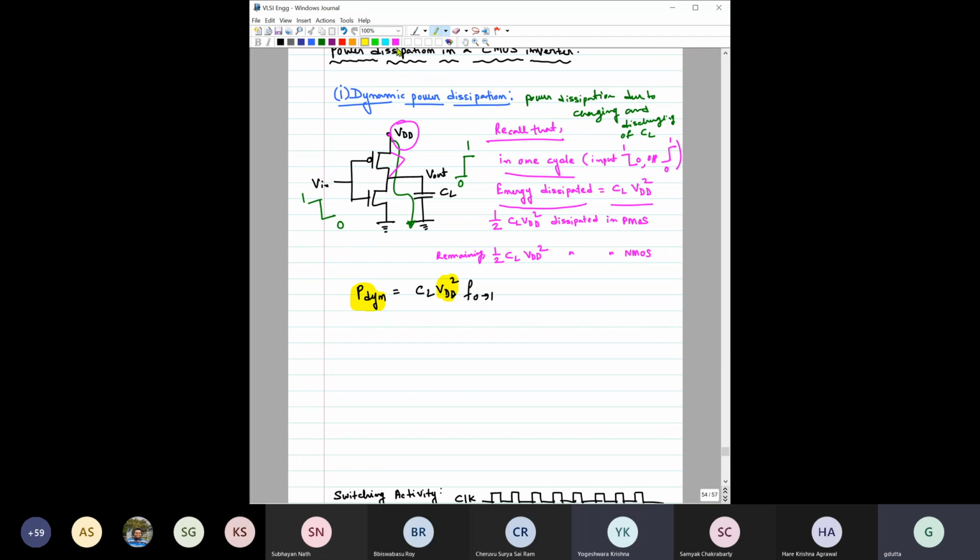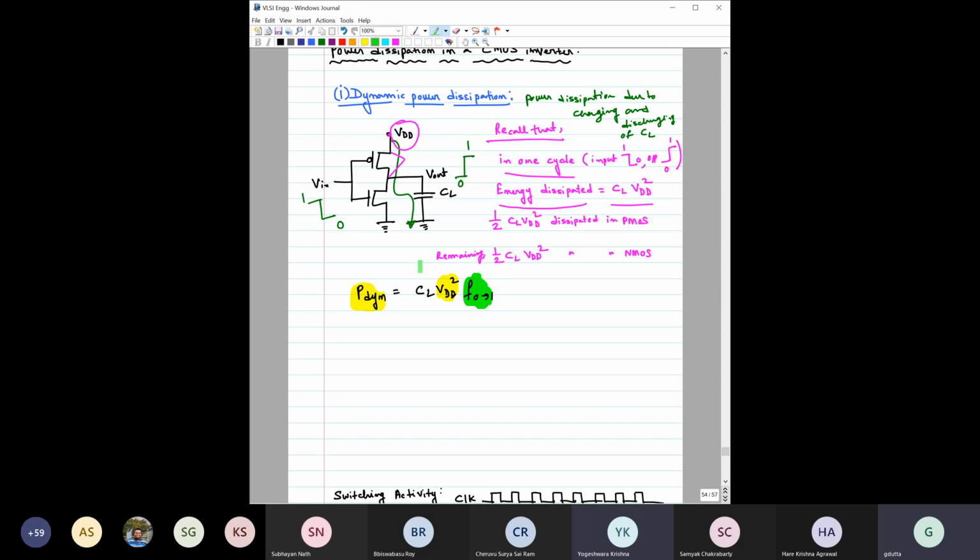And also one more thing, what about this part? The frequency. Frequency means how the output is changing. This is again related to the clock. If you're considering any digital circuit, there will be some clock, right?